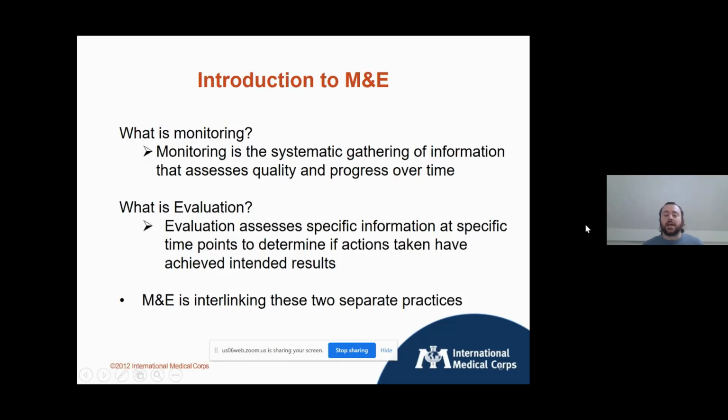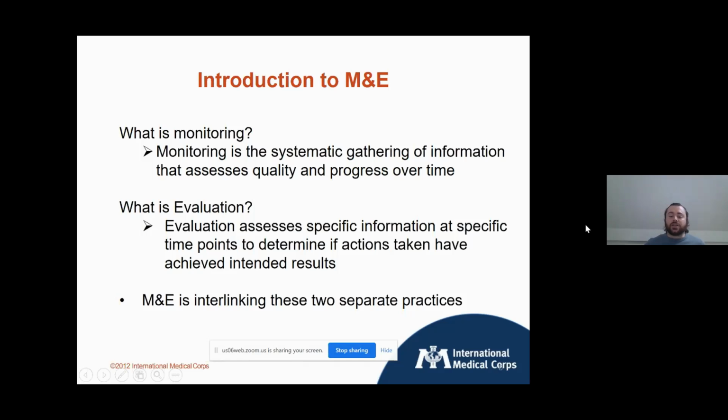Evaluation assesses this specific information at specific time points to determine if actions taken have achieved the intended results, with a look towards if we have achieved what we want to achieve, if we're on track to achieve it, and also if we need to make changes to what we're doing to help us to better achieve our intended goals.